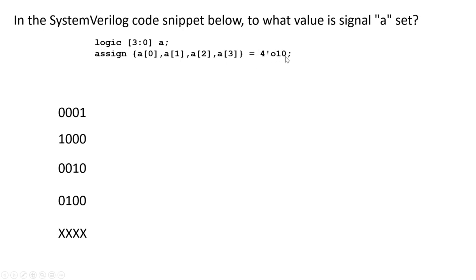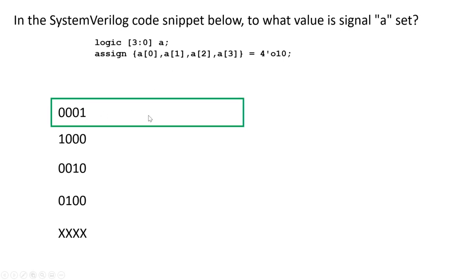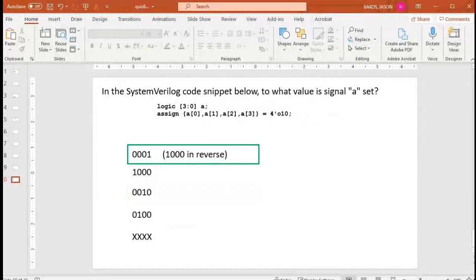So the right-hand side of the expression is 1 0 0 0. The left-hand side will also be 1 0 0 0, but it's going to map those bits in the opposite order. So A will be assigned in reverse order, so it'll be 0 0 0 1. So it's basically reversing the order of the 4-bit octal value 8. So that's another bit manipulation, and I'll give everyone credit for that one because I didn't get to that either.